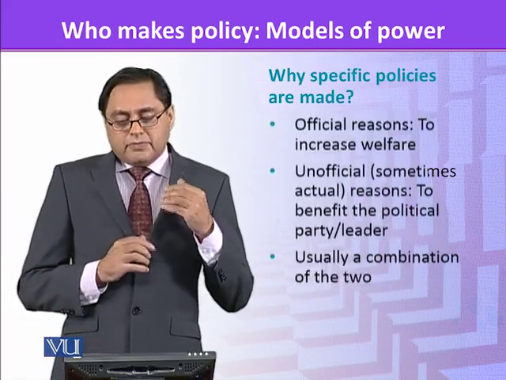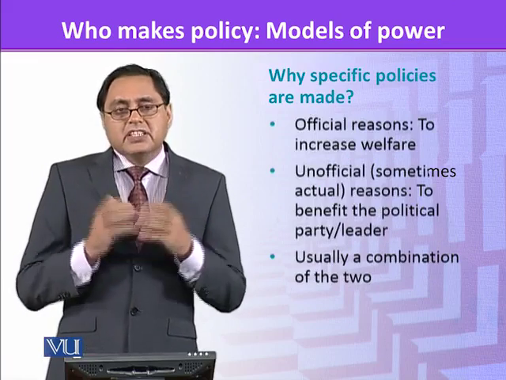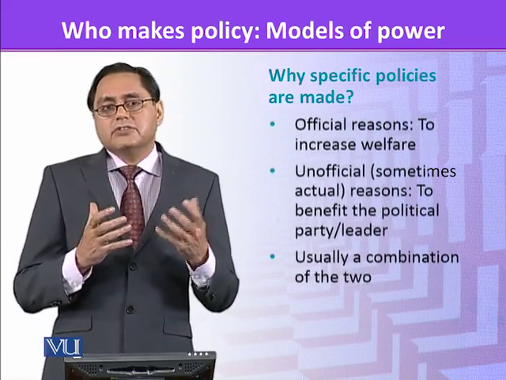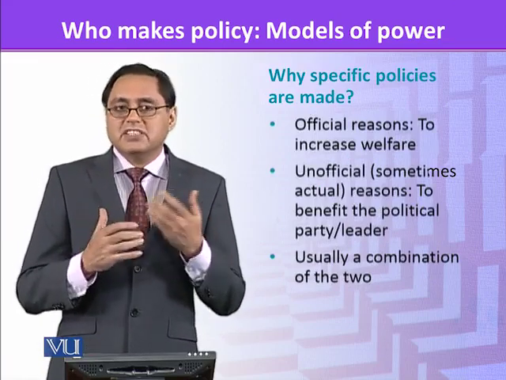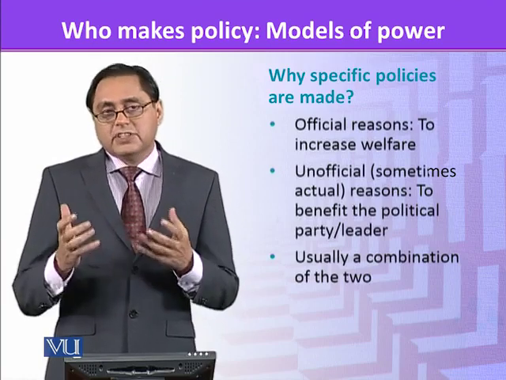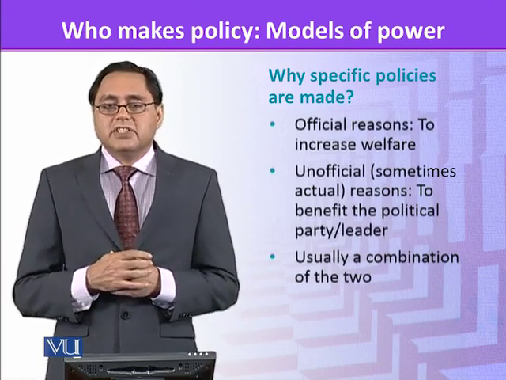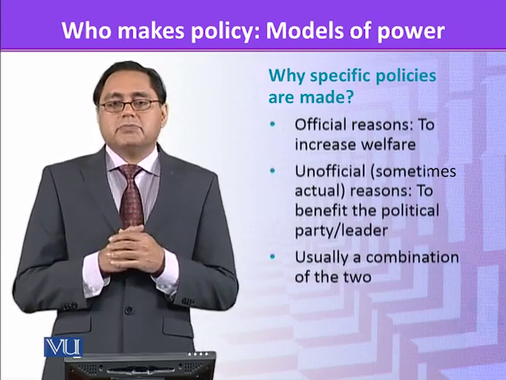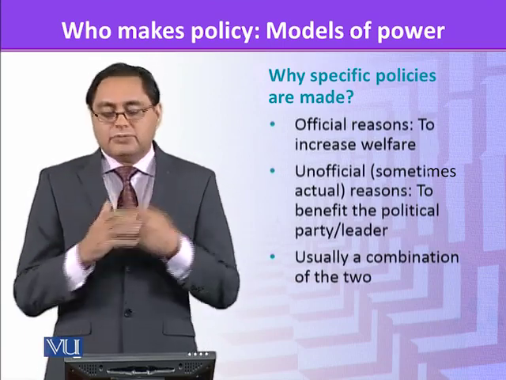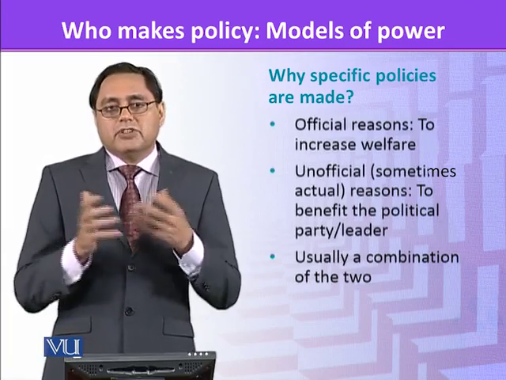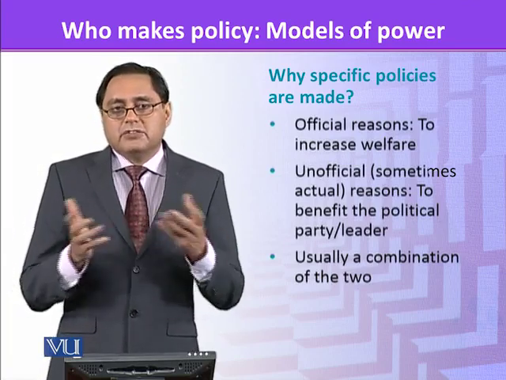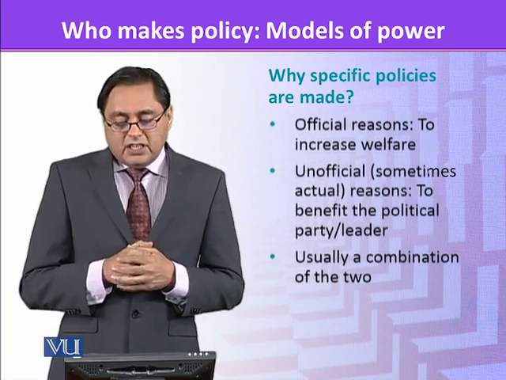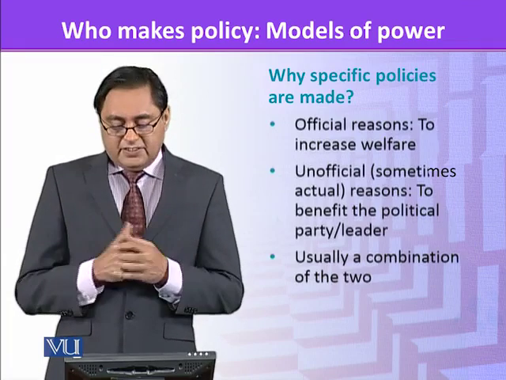But there are always more than one reason to make a policy. There are official reasons which tell you that this specific policy is to increase the welfare of the people, to improve the health, improve the education, provide housing to the people. But unofficially, there are other reasons.